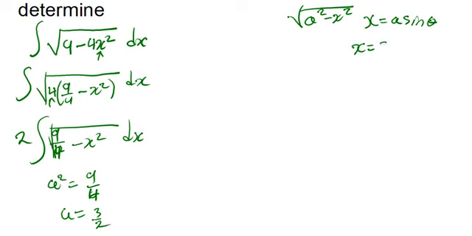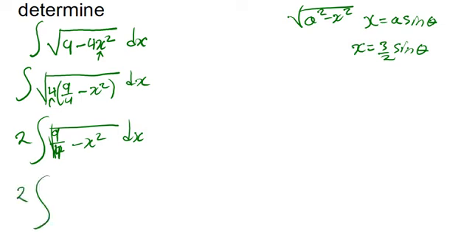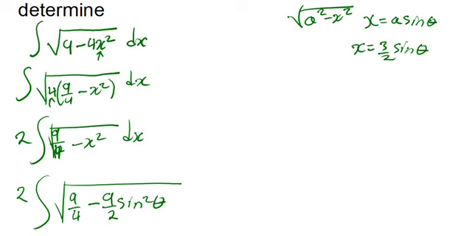So x becomes 3 over 2 sine theta. We still have our 2 here, then 9 over 4 minus, where there's x, we replace with what we have here, and we end up with 9 over 4 sine squared theta.